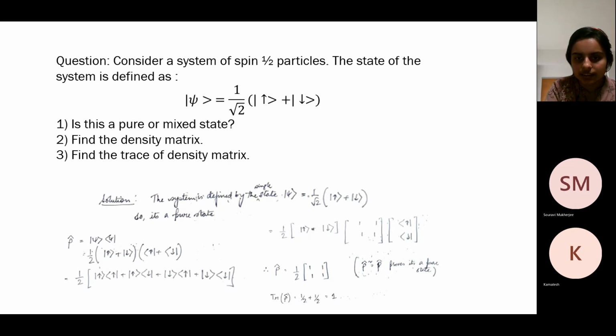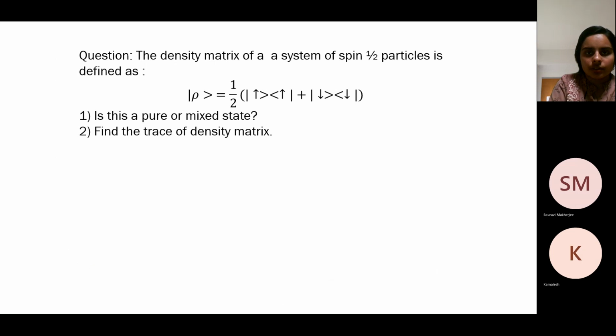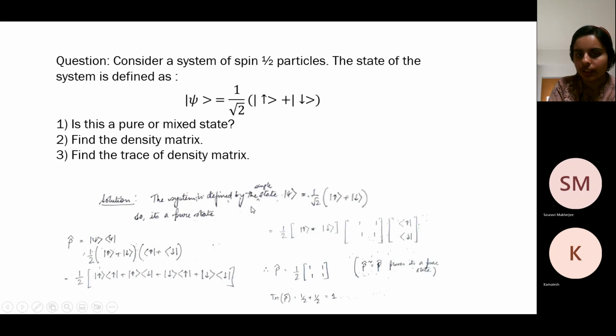Here again, the trace is half plus half, 1. But let us go to an example of a pure state, and then I think the concept will get clearer. So this can be a typical density matrix. What's different from the density matrix that you get here and what you get here?